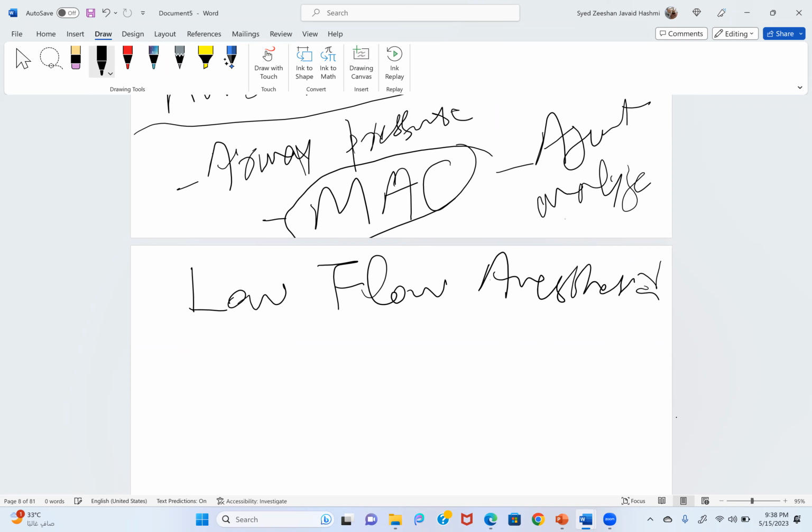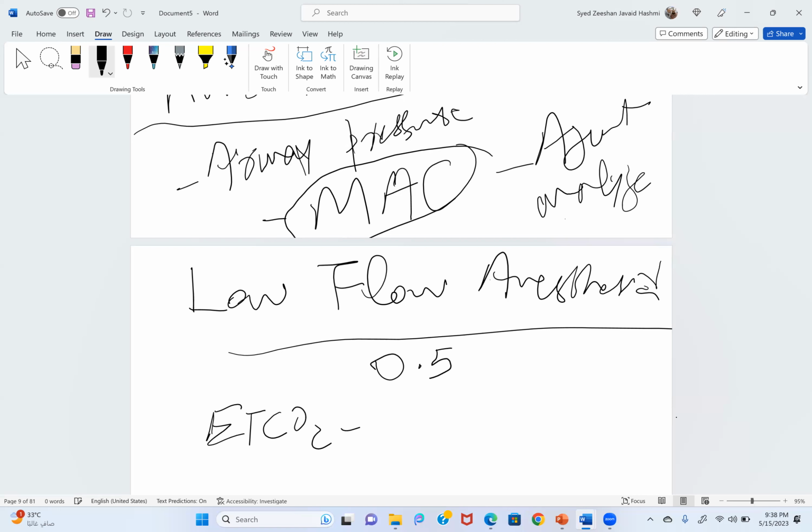Unfortunately, the majority of people are afraid of using it, but if you have a good agent analyzer in which you are measuring the end-tidal CO2, inspiratory CO2, and tidal O2, you can use it. Usually 0.5 liter is enough for conducting a safe anesthesia, but one should have this concept of low flow anesthesia.